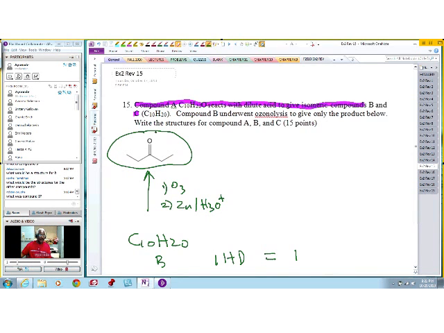So what would that tell you? That compound B must be a symmetrical molecule. Keep in mind, what does this reagent do? It will cleave a carbon-carbon double bond to give you a ketone or aldehyde. So in this case, since we are only getting this, I will say compound B is this here.